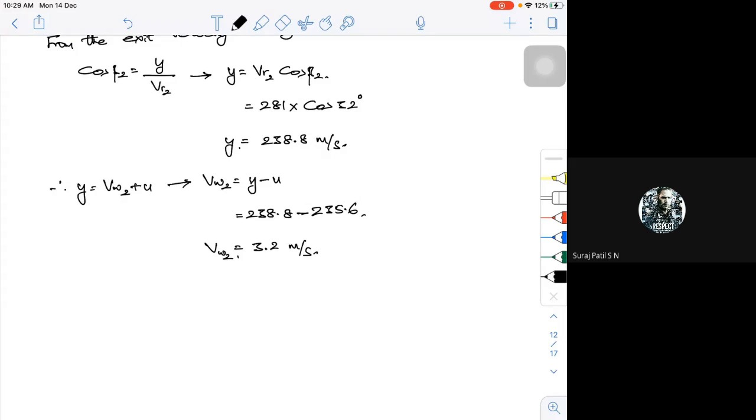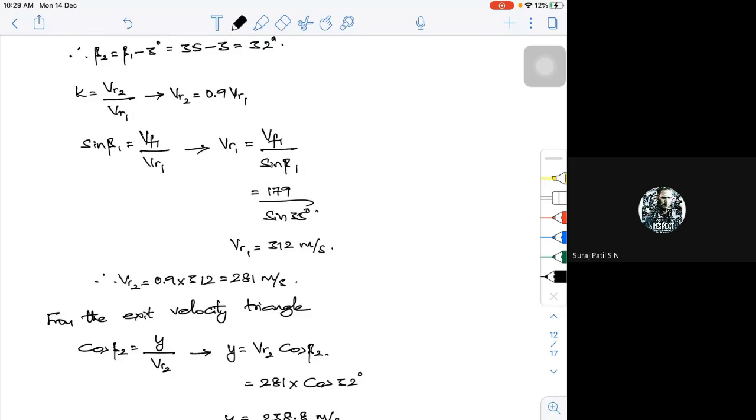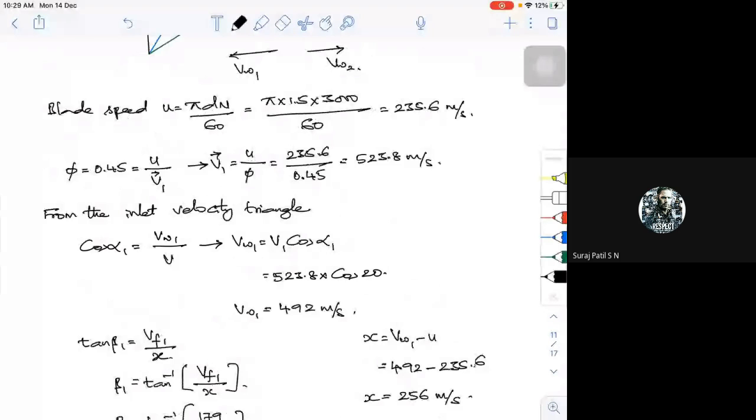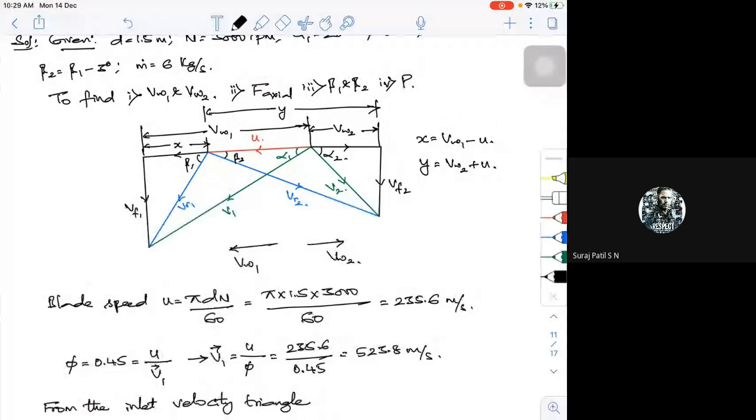So sometimes this value may come negative. If this value comes negative, then you have to change the direction in your velocity triangle. Here, from the velocity triangle, VW1 and VW2 are in different directions. Suppose VW2 is positive here, this will hold good.